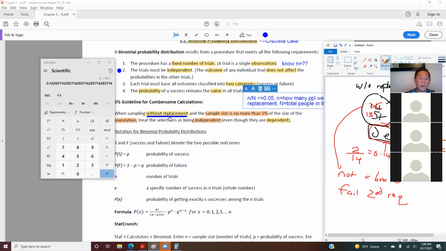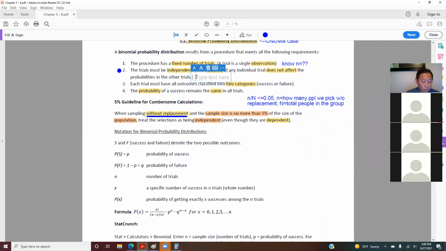Again, the keyword is without replacement. If the question does not have the words without replacement, then usually this will hold true. That means if the question does not say without replacement, it is independent.